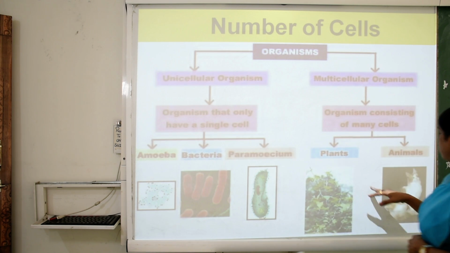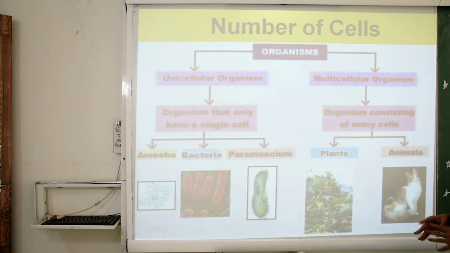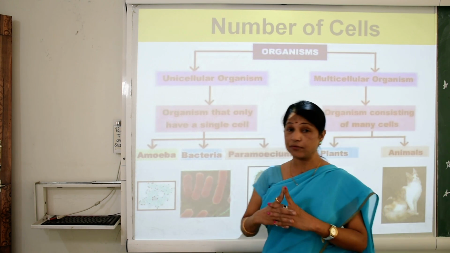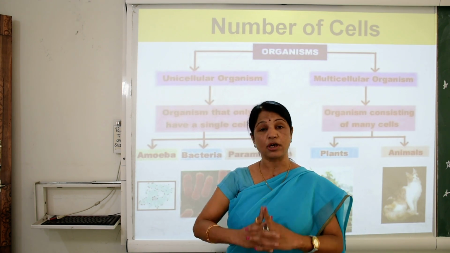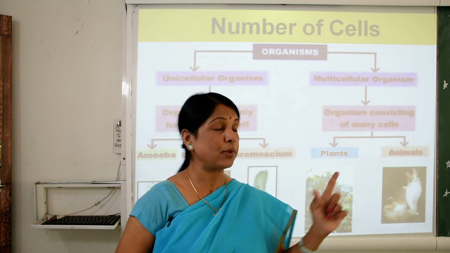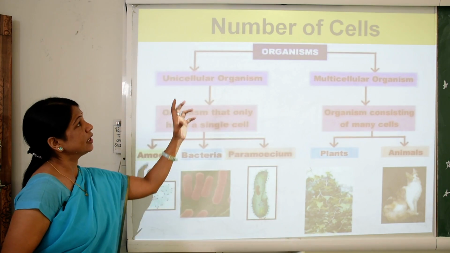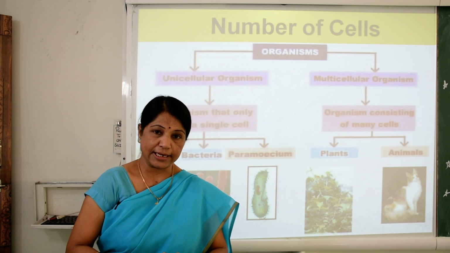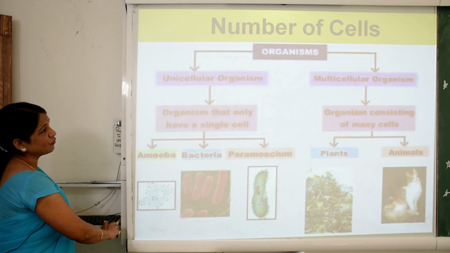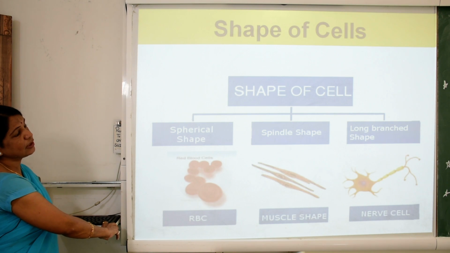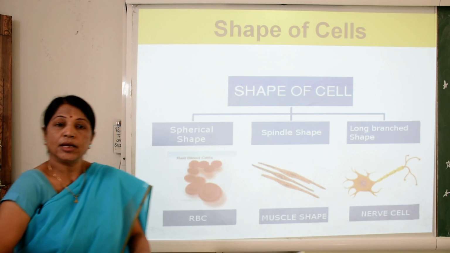The animal cell includes all types of fauna, and human beings also come into this part. So this was organisms by number of cells. They are mostly divided into two on the basis of their numbers, unicellular and multicellular.